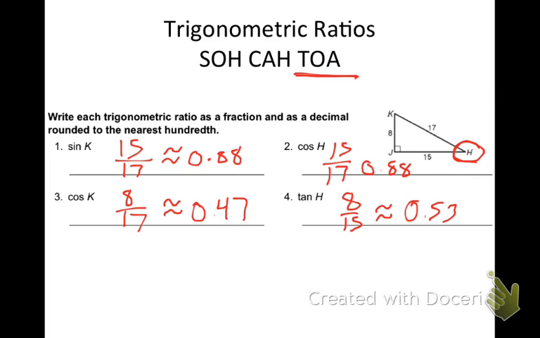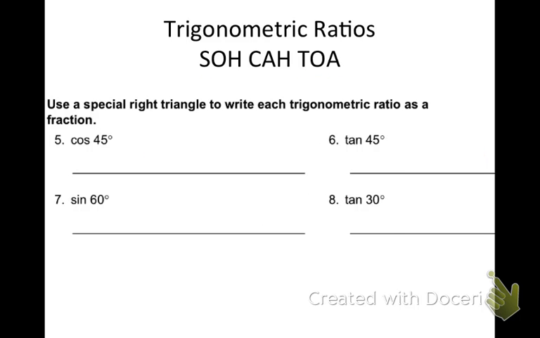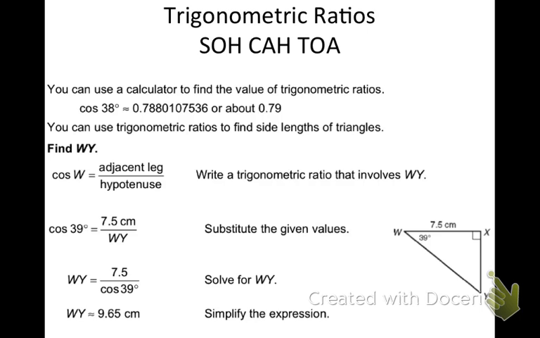Again, you will want to make sure you have SOHCAHTOA written down somewhere. All right. Next thing we're going to talk about here is that we're actually going to use our calculator to estimate these.